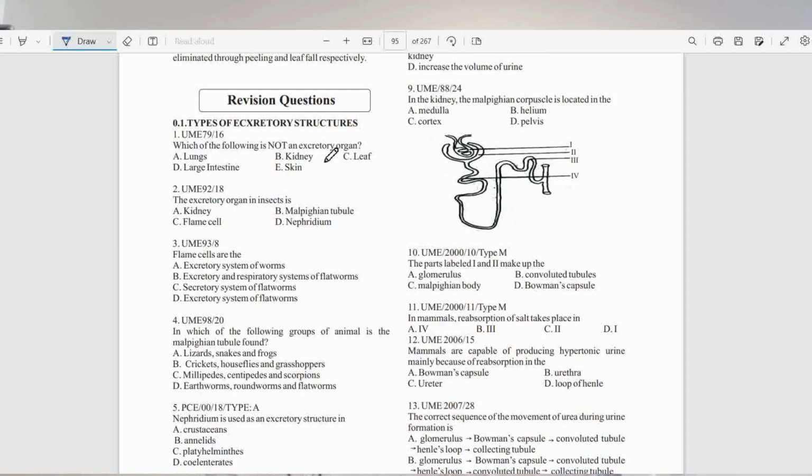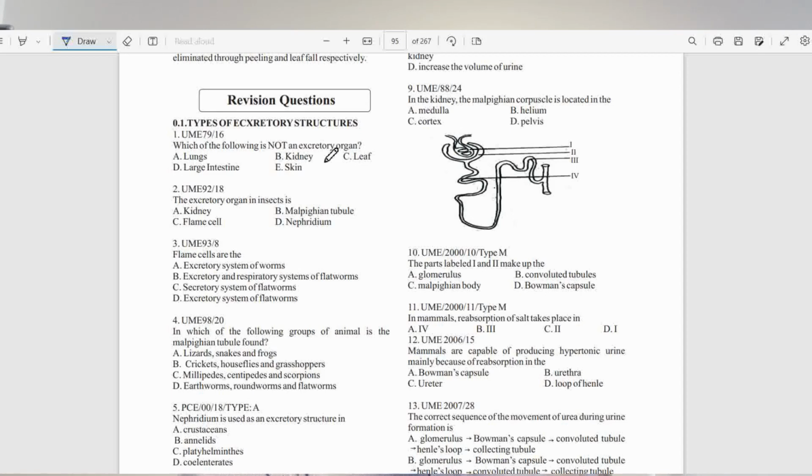We'll be faced with the very first question, which I would also say is a bit controversial. So our first question is taken from UME 1978, question number 16. The question says, which of the following is not an excretory organ?